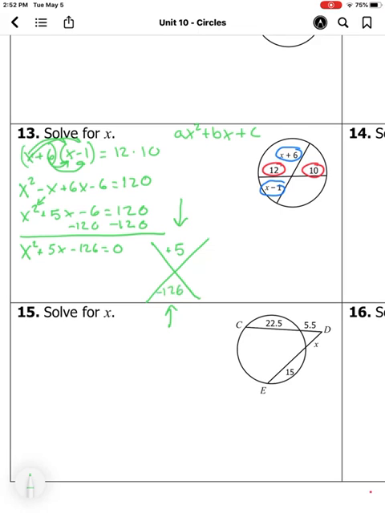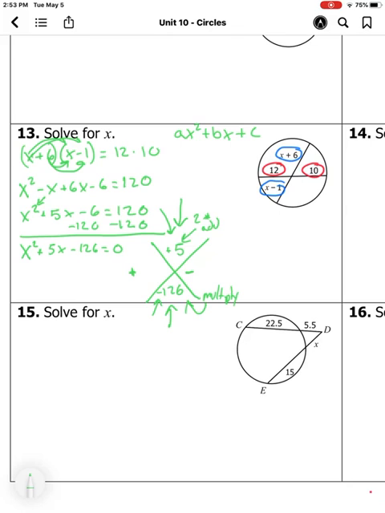So now I have to find two numbers that add to that and also multiply to that. Because this number's negative, one of them has to be negative, and the larger of the two numbers has to be positive.